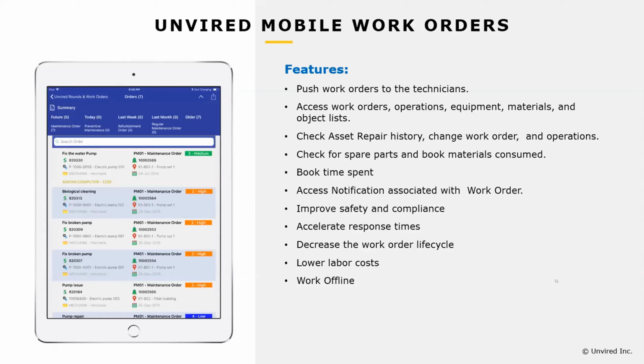So as long as you are enabling the user with all that information, he's more productive in the field. So the work order application allows the users to book time spent working on tasks, allows them to automatically do a material confirmation in the field, and basically do all of these activities in real time, as well as in a completely offline mode when there is no connectivity in the field.